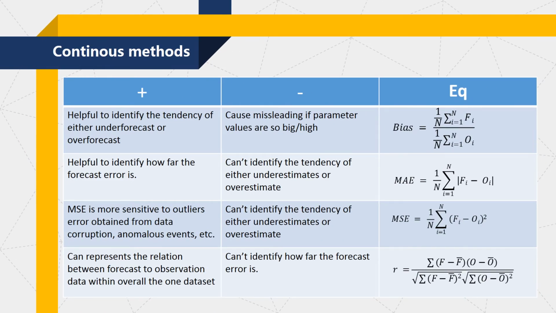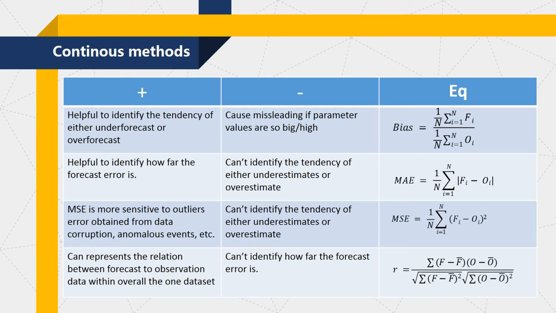Well, the continuous method. In the previous part, we learned about how we assess the model's performance using a categorical basis, and in this part we will assess the model's performance using its continuous value.